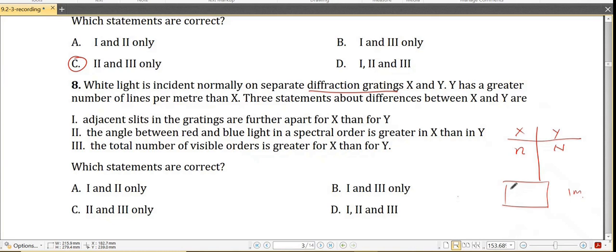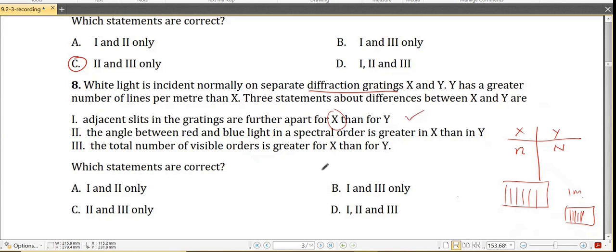Here you have less number of slits, whereas in Y you have more number of slits. So where will the distance between the slits be more? It will be in X. So adjacent slits in the grating are further apart for X than for Y. This is a correct statement.